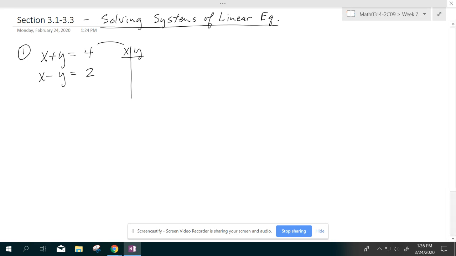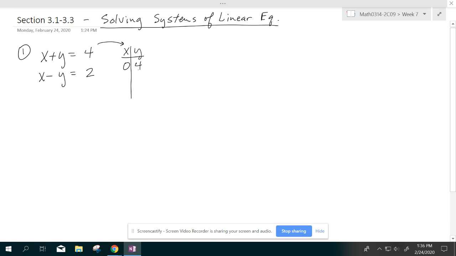All right, so for the first equation, I'm going to let x be 0, and then I'm going to find what y is. If I let x be 0, the x disappears, and y is 4.